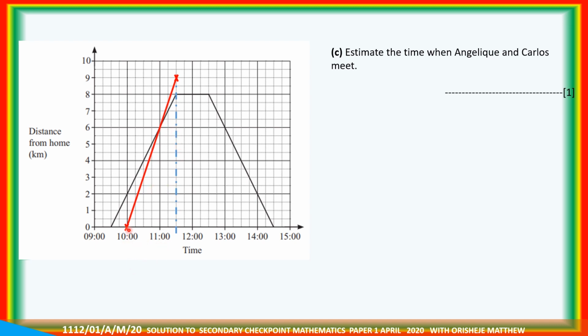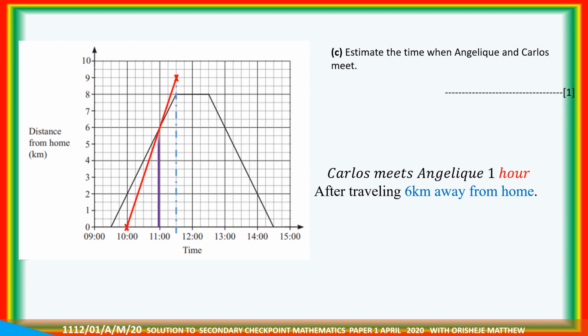Carlos left the house at 10 a.m. and Angeli left the house at 9:30 a.m. But 1 hour after Carlos left, they met 6 kilometers away from their house. So how long did it take them? Just 1 hour. So when did they meet? That is the point there. So it's 11 a.m.